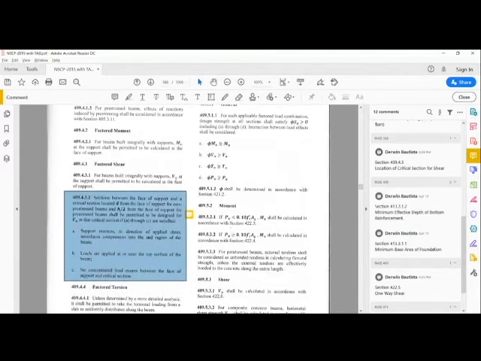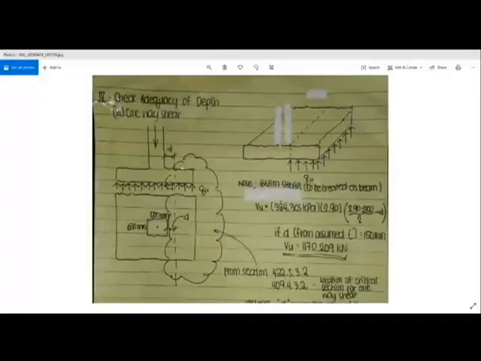So what does that mean, what does our code mean by those conditions? Okay, let's go back to our figure. From our figure, the critical section will be at a distance d from the support.